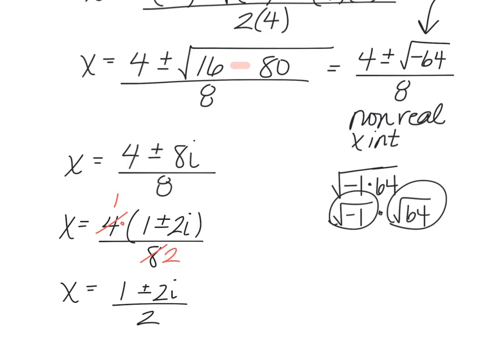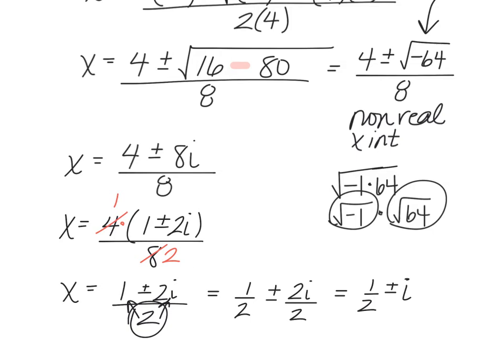But I would also mention that this is going to be the same, just so that you realize this, if we were to take the denominator and actually do the term by term division into both of the two terms in the numerator, it would give us 1 divided by 2 plus or minus 2i divided by 2, which is equivalent to 1/2 plus or minus i.